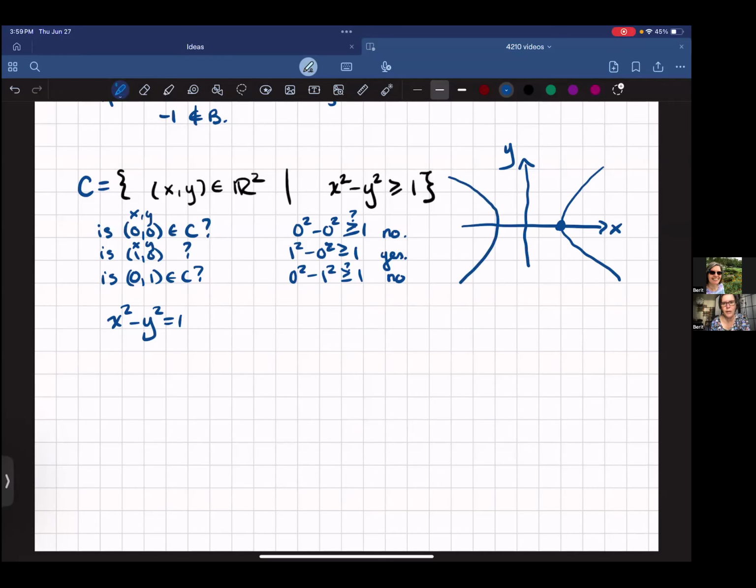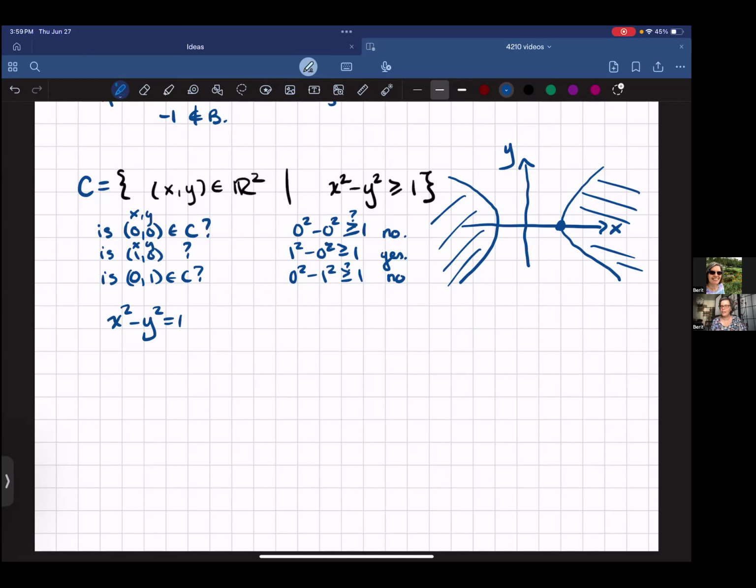All those points make x squared minus y squared equal to 1. Then x squared minus y squared greater than or equal to 1 means the x part has to be bigger than the y part in absolute value. So you could convince yourself that you should shade everything out here, and everything out here. And so capital C is the shaded region along with the edge, because it said greater than or equal to.